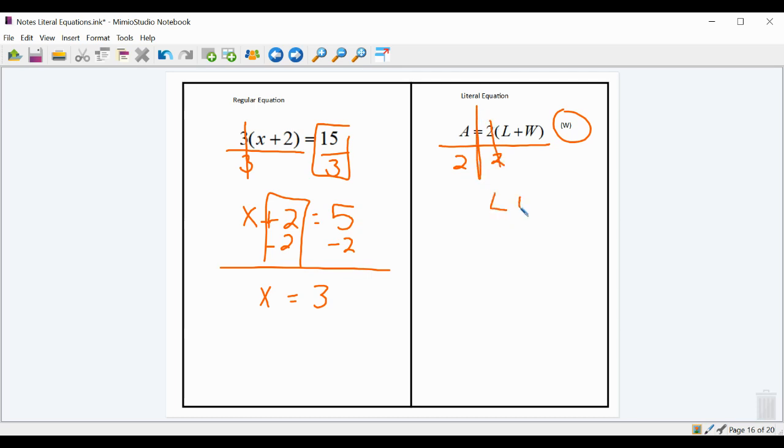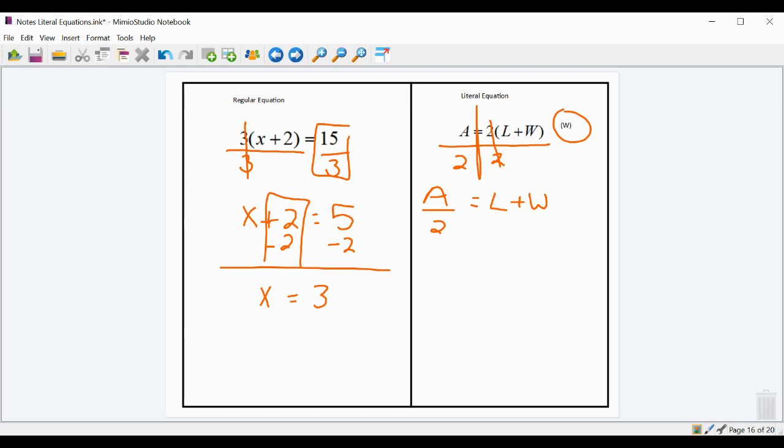So now I'm going to get L plus W, and my parentheses will drop and go away. And then I'm going to get A divided by 2 over here. I can't simplify that because A, I don't know what value it is. If they told me A was 30, it'd be easy. 30 divided by 2 is 15. But since I don't know the area, I just leave it as A.